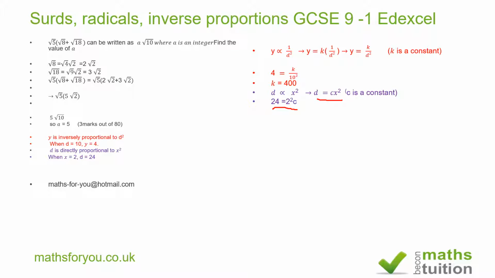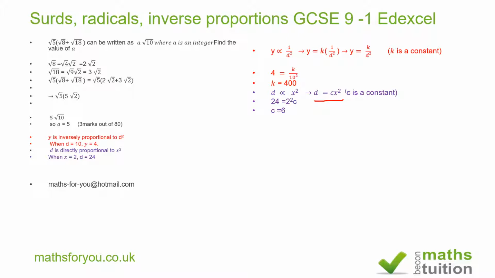So c is equal to 6, because if we divide 24 by 4, you get 6. So for this formula, which says d is equal to c x squared, c is 6.